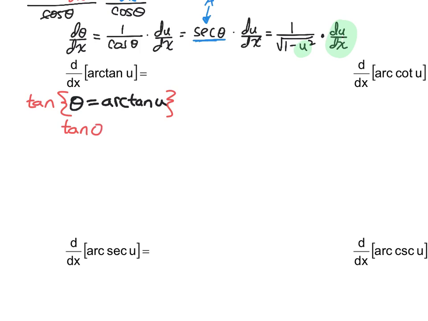So we get tangent of theta is equal to u. The tangent ratio is opposite over adjacent, so I could draw my triangle. Understood denominator of 1, so that gives me my adjacent side of 1. Square both sides, add them together, throw a radical over it. You get your hypotenuse of the square root of 1 plus u squared.